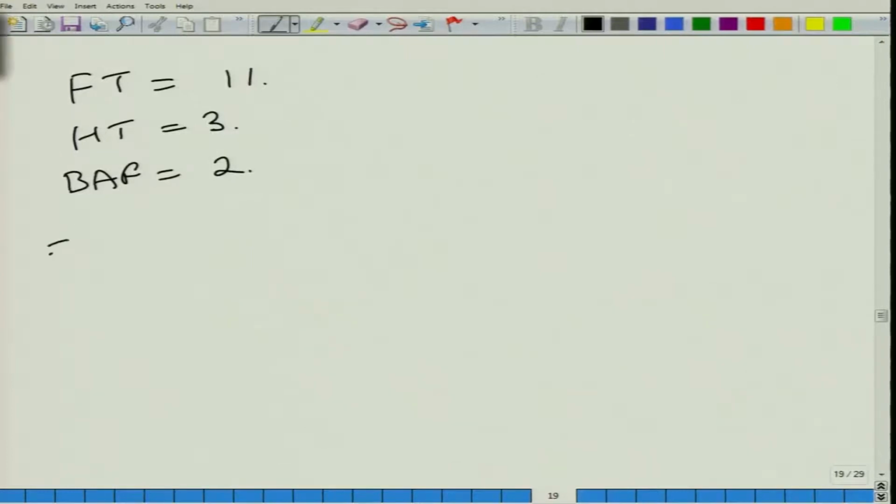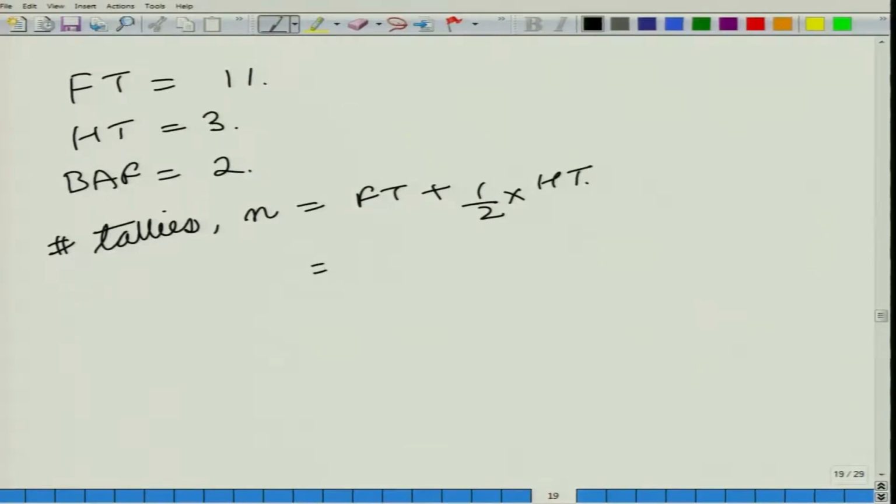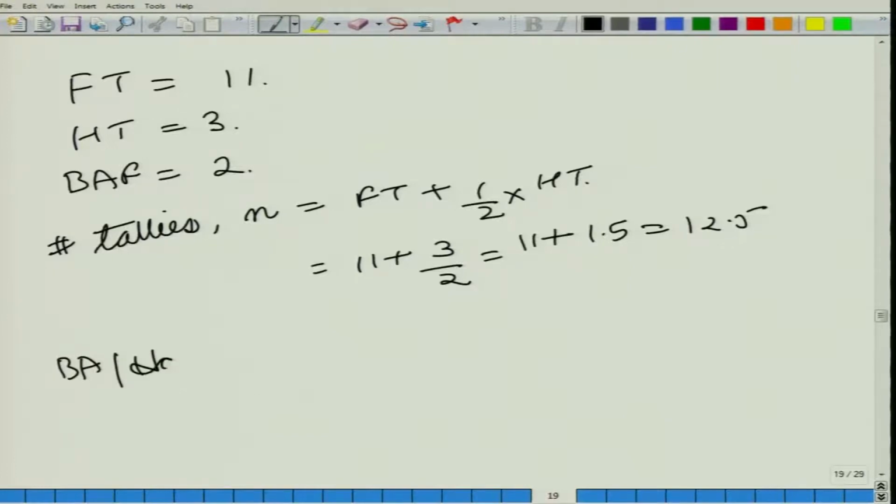So the number of tallies, which we call n, is equal to the number of full tallies plus half the number of half tallies, which is 11 plus 3 by 2. Now, 3 by 2 is 1.5, so this is 12.5. Now, the basal area per hectare is given by BAF times n.